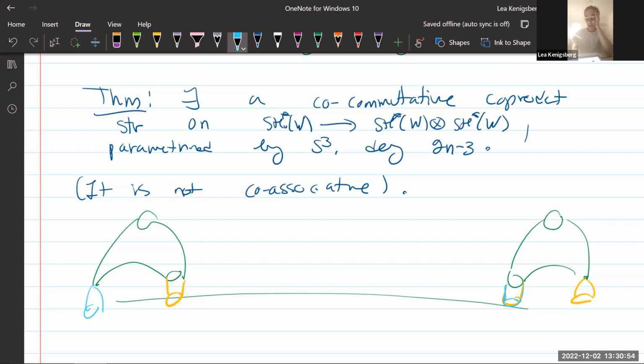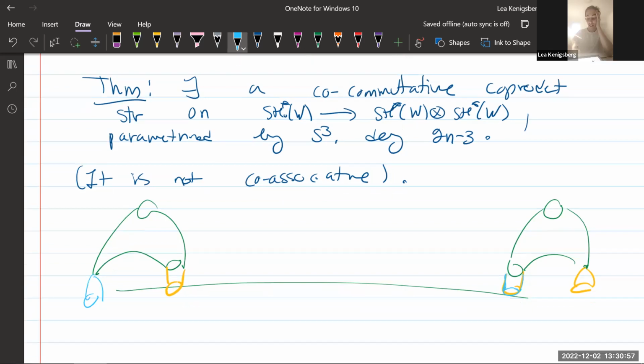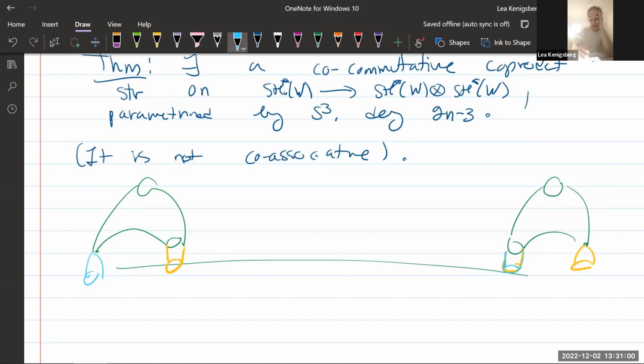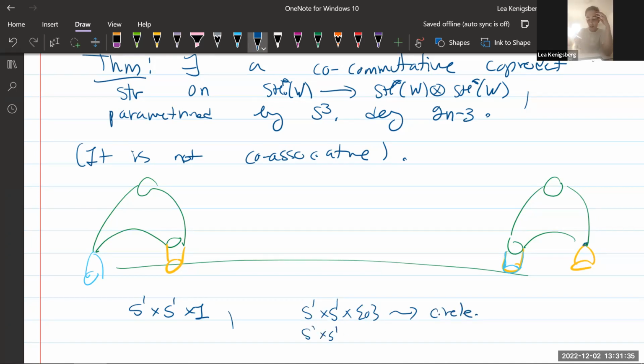So now you have an operation parameterized by S^1 cross S^1 cross I, and because the BV kills these boundary terms, you can choose your data so that you collapse the boundary towards S^1 cross 0 to the circle, and similarly at the other boundary.